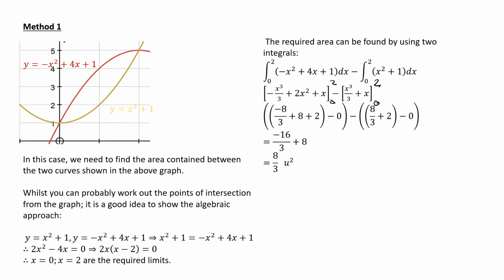There is an alternative way of doing it, and this is something I quite like. So from my previous example, exactly the same question, so hopefully I'll get exactly the same answer. My integral between 2 and 0 of minus x squared plus 4x plus 1 with respect to x minus the integral between 2 and 0 of x squared plus 1 dx.